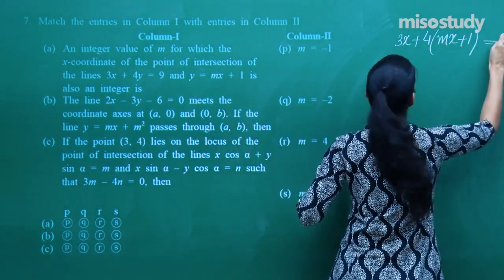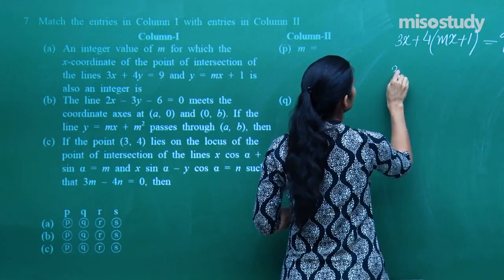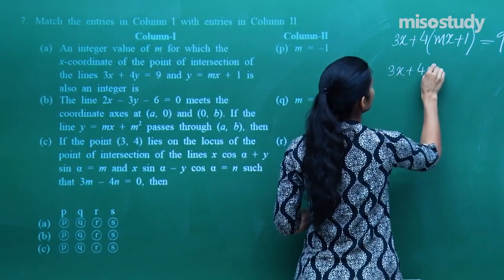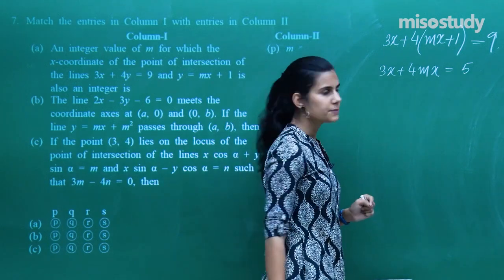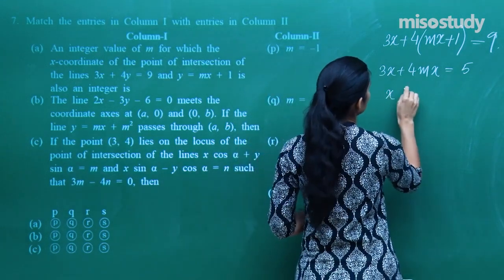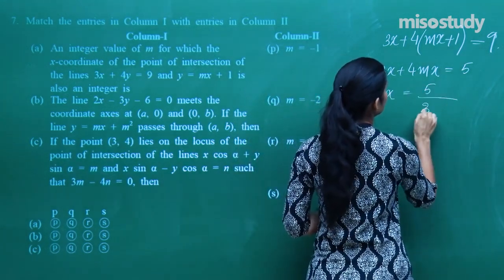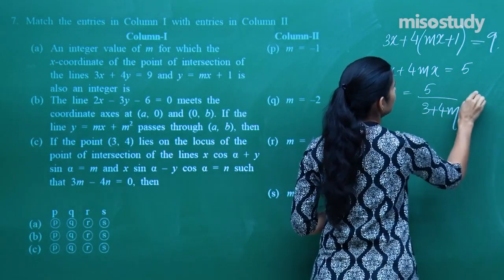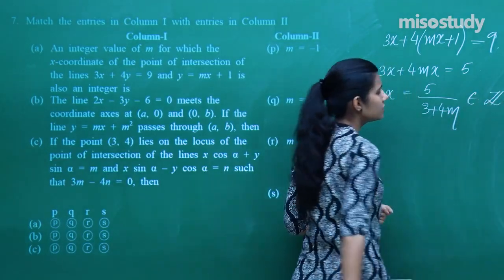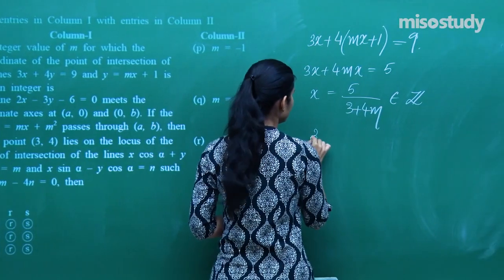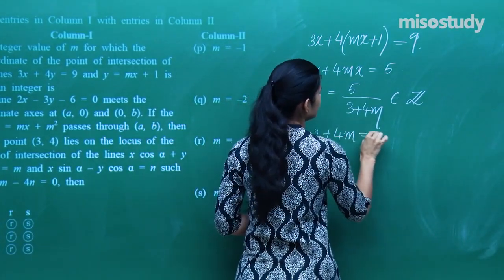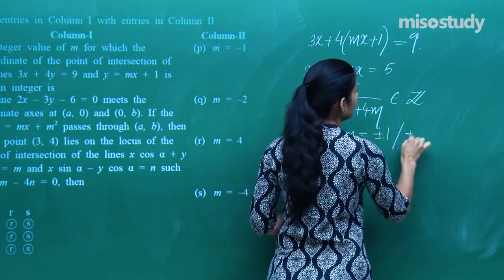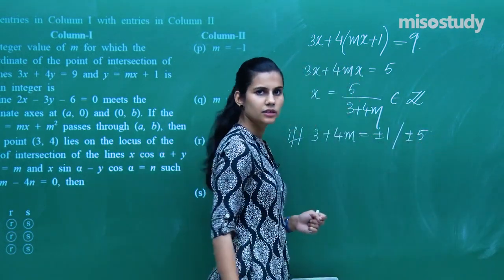At the common point, 3x plus 4mx equals 5. When you take x common, you get x equals 5 upon 3 plus 4m. Now this is going to be an integer only when 3 plus 4m is either equal to plus or minus 1 or plus or minus 5.